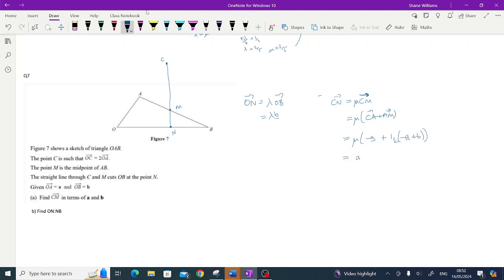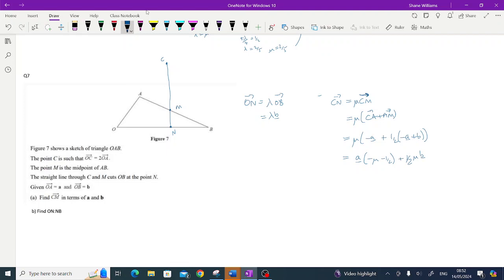So if I collect together my a's, I get minus mu minus a half, and for my b's I get a half mu lots of b. And over here I get lambda lots of b.